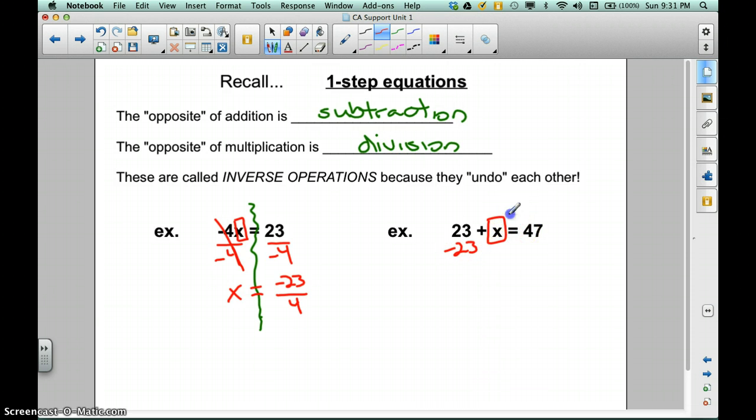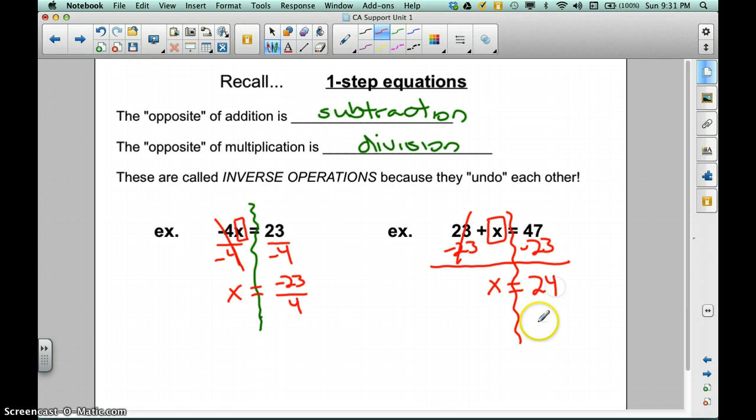But of course, what we do to one side, we do to the other. And this time I'm not dividing because I'm doing the opposite of adding, which is subtracting. 23 minus 23 is 0, and 0 plus x is just x. Don't lose your equal sign. Remember, this is subtraction. 47 minus 23, or 47 plus -23. You can do it in your calculator.